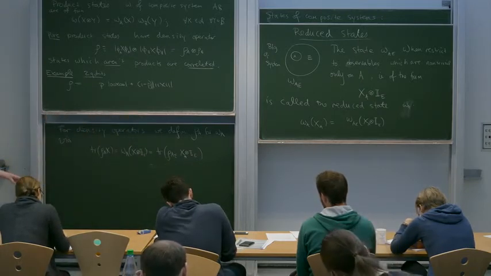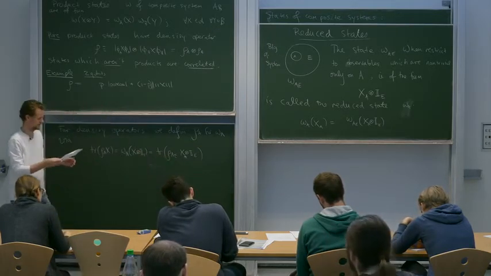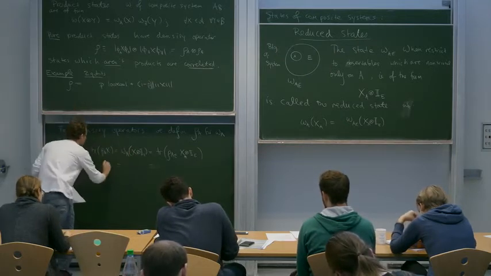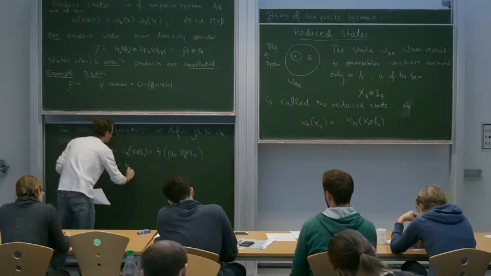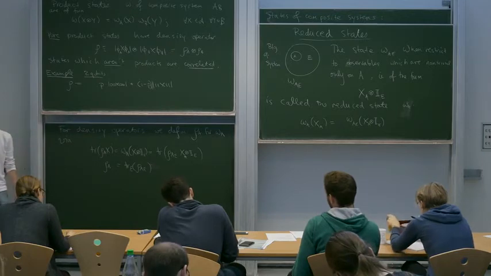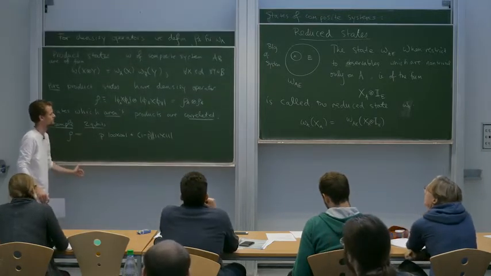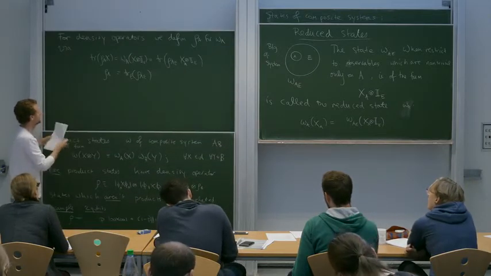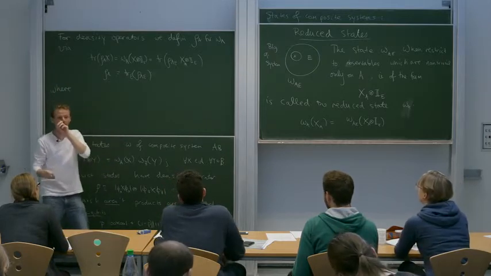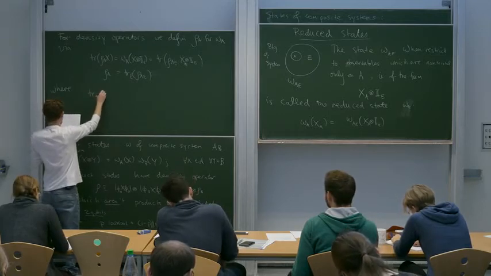So the density operator for a reduced state, you find it by this formula here. And we give this a name. It's called the partial trace of rho AE with respect to E. And this partial trace is just a linear algebra map. It's very concrete. Just write it out here.